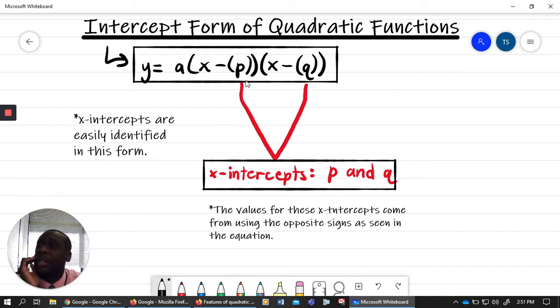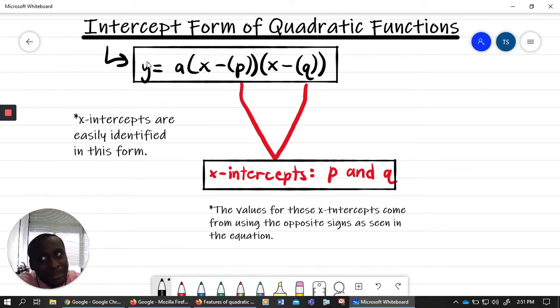Really briefly, let's talk about one thing that the a value helps us determine. We haven't quite gotten to the other part of what the a value determines. But the same a value that was in the standard form and the vertex form for quadratics is the same a value in the intercept form.